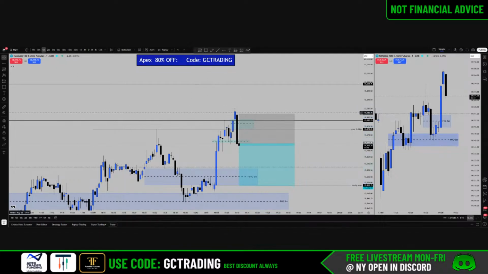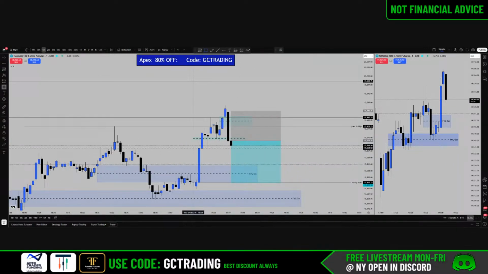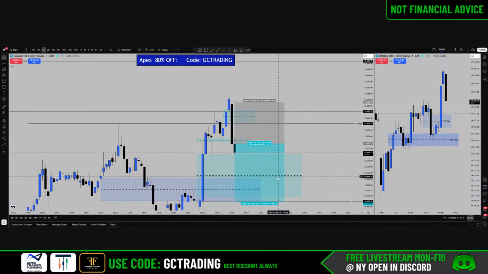I'll probably go ahead and tighten my stop a little bit. So we do have this 5 minute gap right here. This is what we've got to watch out for. I probably will go to break even once we hit this CE.